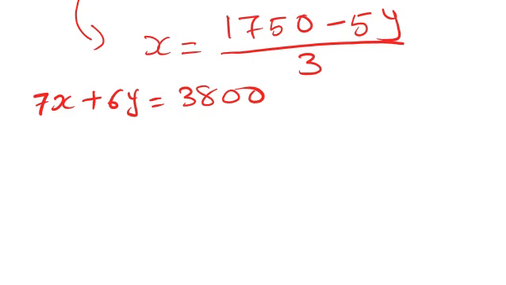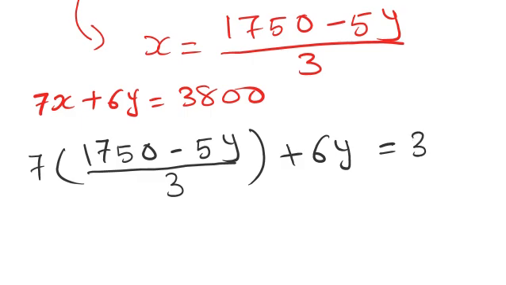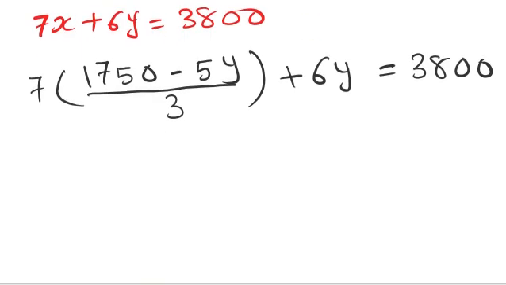Putting the value of x, it becomes 7 into (1750 minus 5y) divided by 3, plus 6y is equal to 3800. Now solving this equation we have 7 into 1750.